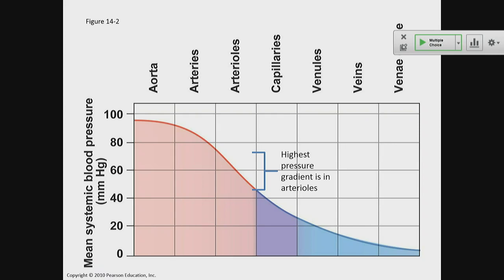This is what we call the mean arterial pressure, which you also find abbreviated as MAP. That value is about 95.